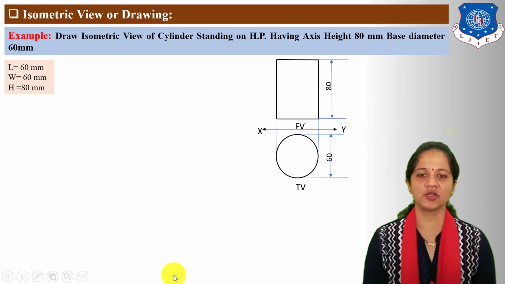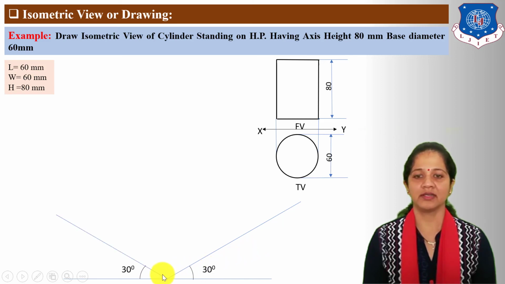First, draw a horizontal reference line. From the horizontal reference line, draw the x-axis. The inclination of the x-axis from the horizontal reference line is 30 degrees. Next, draw the z-axis.